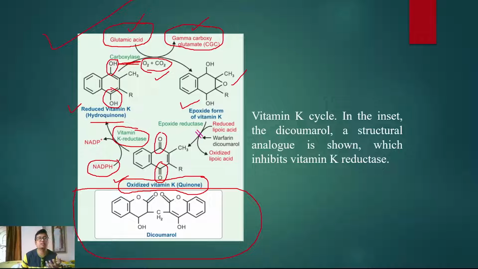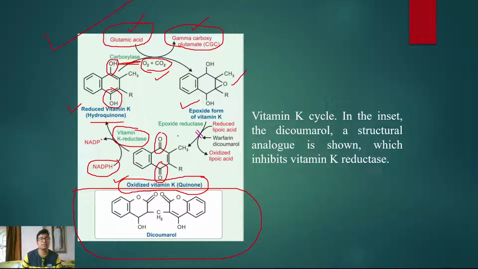Basically, CO2 and O2 are incorporated. The cofactor itself gets converted to an epoxide form, and in order to complete the cycle, we again need to convert the epoxide form into the quinone form.